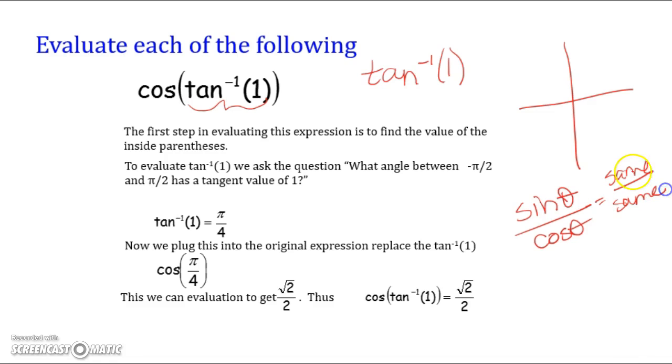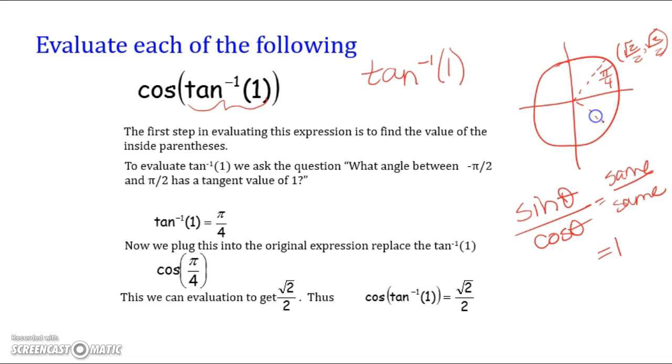They have to be the same value because anything divided by itself equals 1. We know in the unit circle, sine and cosine at iterations of pi over 4 had the same value, root 2 over 2 and root 2 over 2.